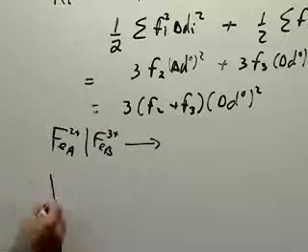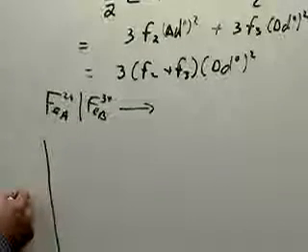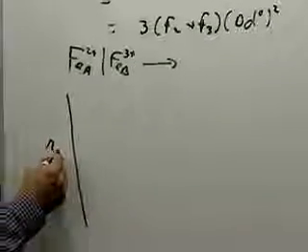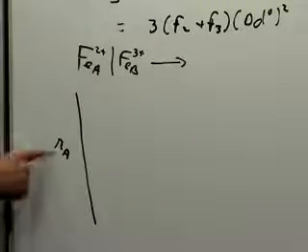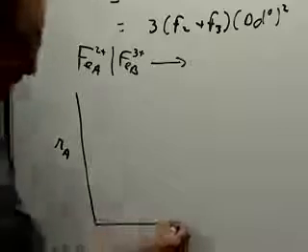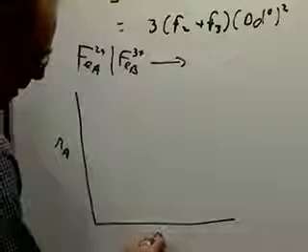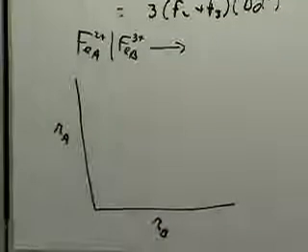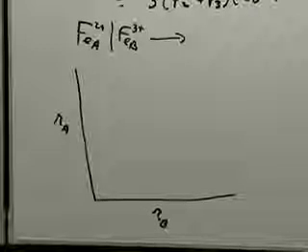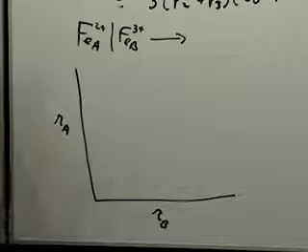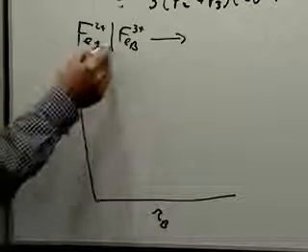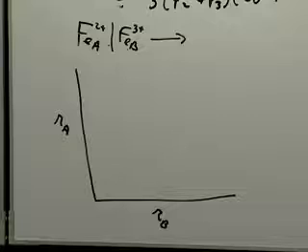Here I draw the metal-ligand bond distance for nuclei A, and this will be the metal-ligand bond distance for B. At the reactants, B is an iron 3, and A is an iron 2, right?